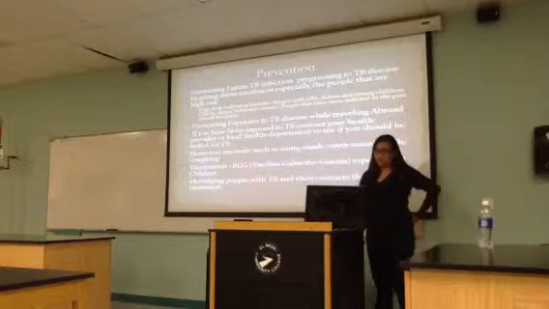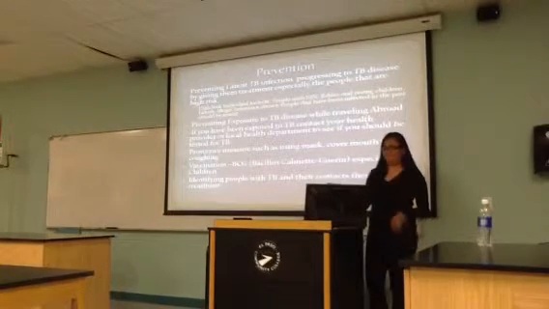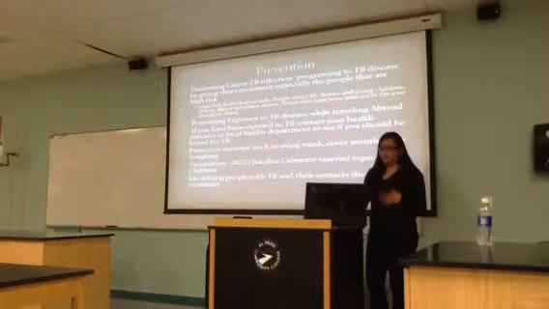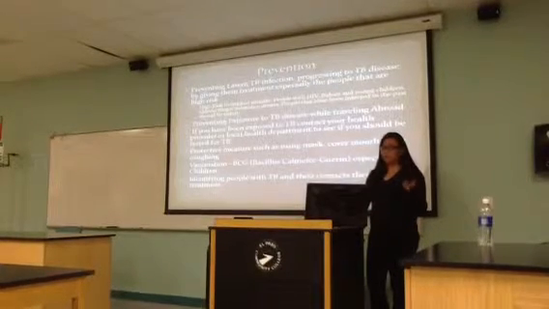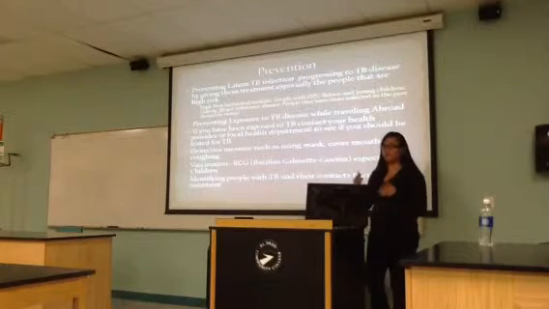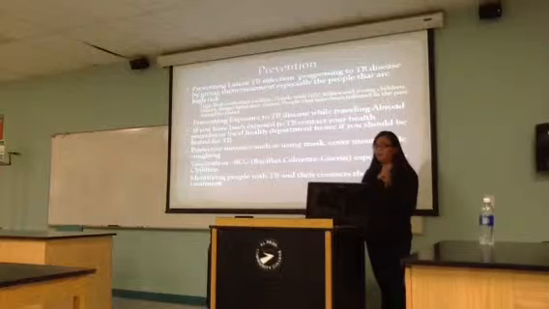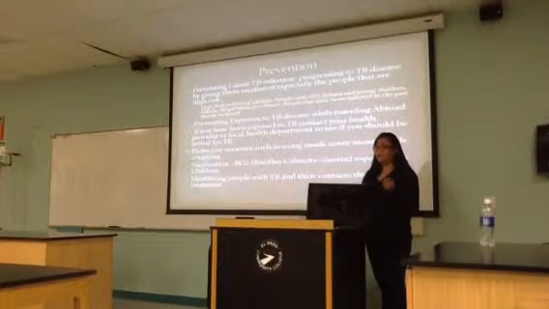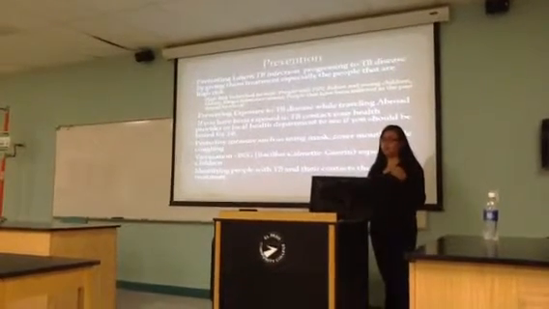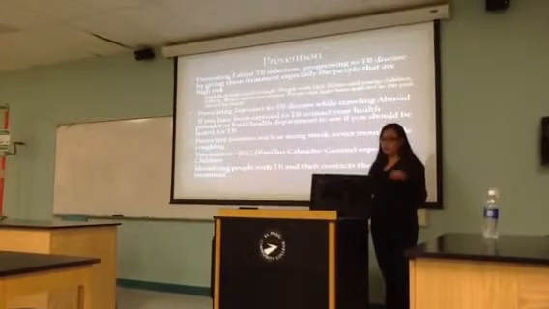Prevention for TB. The WHO is talking about testing to detect the bacteria, so that if people have latent TB, they get treated and it won't progress to the disease.